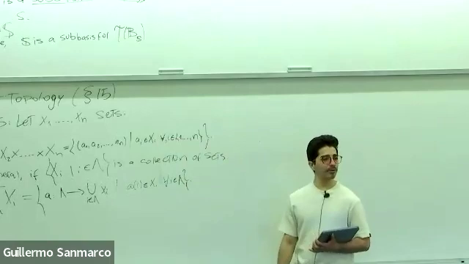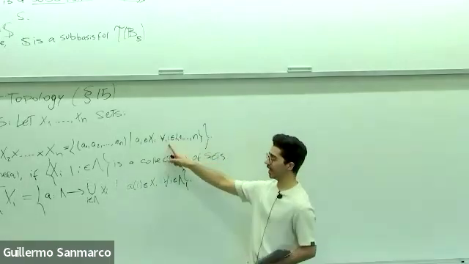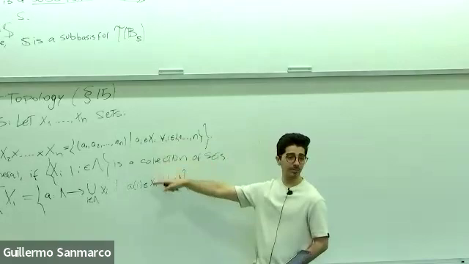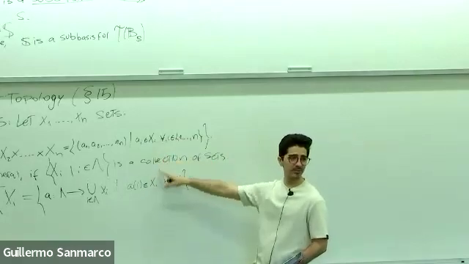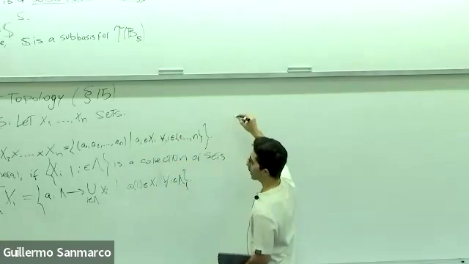And somehow you should be convinced that when the set is finite, these two things are exactly the same thing. When Lambda is 1 through n, these two things are the same. So I will write that.